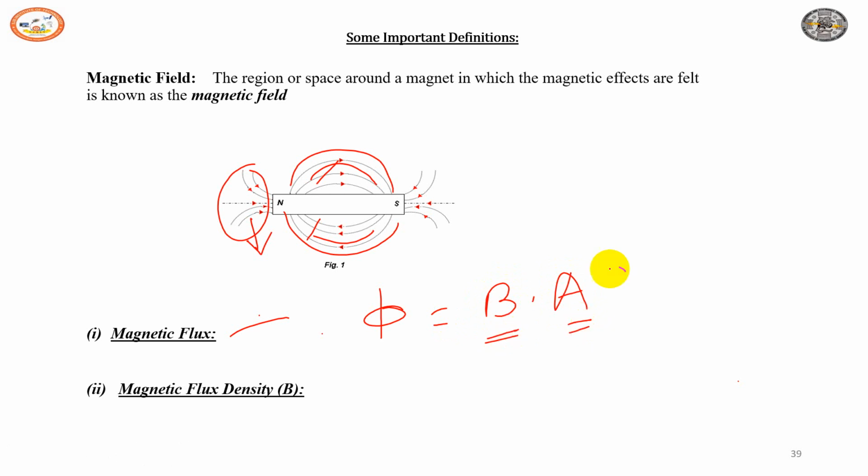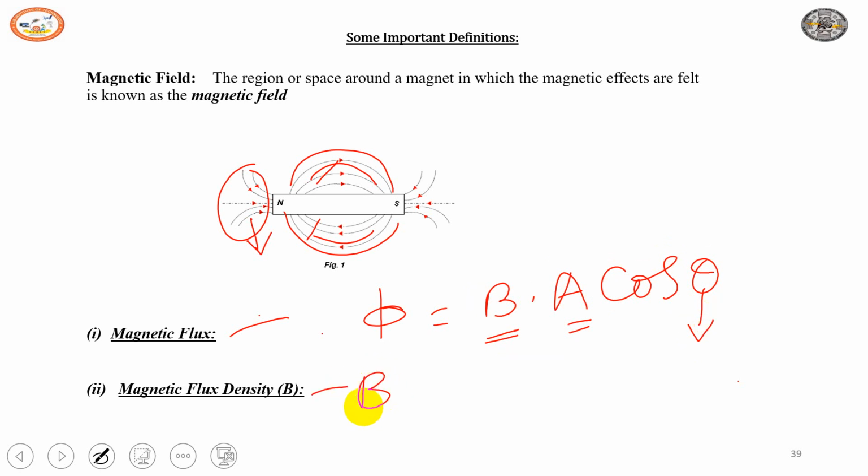You can also write flux as B A cos theta, where theta is the angle at which the field lines pass through the surface. If cos theta is 1, flux density can be defined as B equals phi by A. That is, the magnetic flux density is equal to the total flux divided by the area.